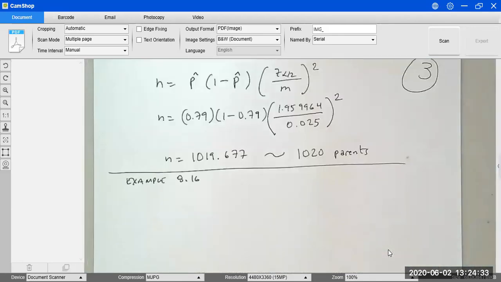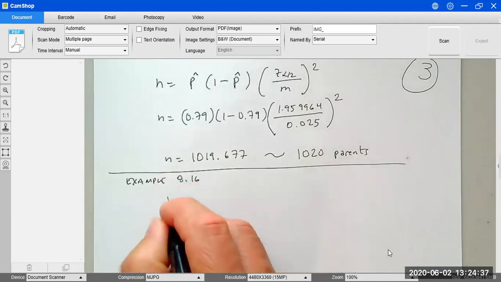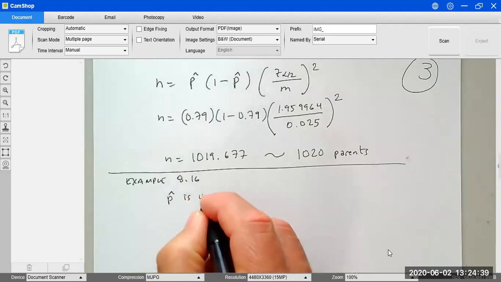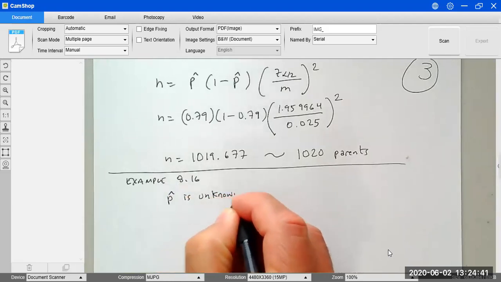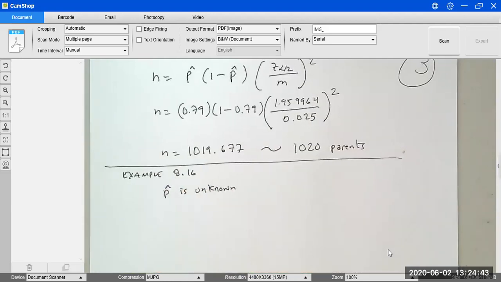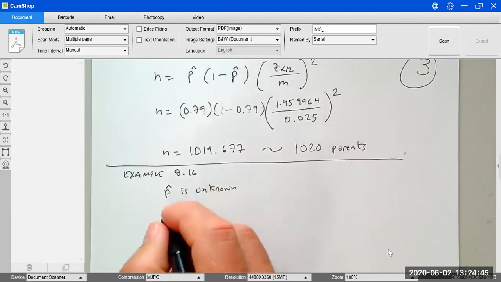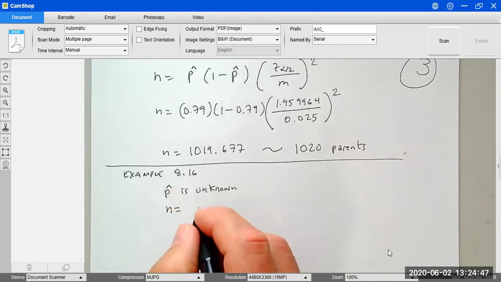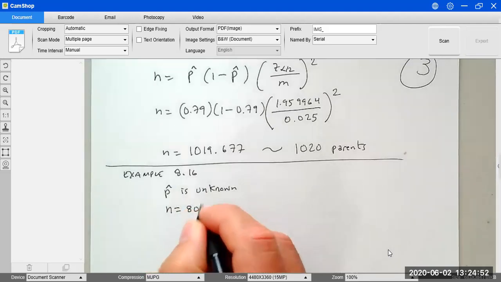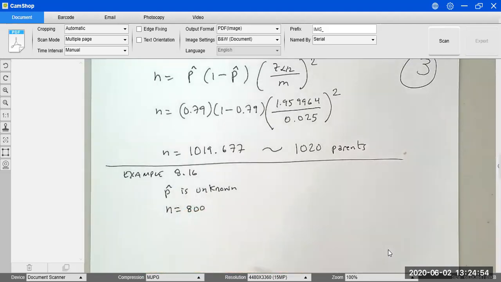So this is a problem where you don't have prior information on the population. In that way, we don't know the value for p hat. So p hat is unknown from previous research. We know that n equals 800 again, that x equals 632.